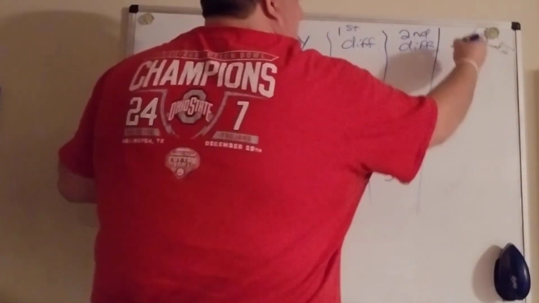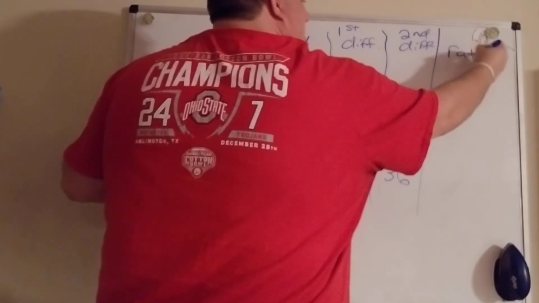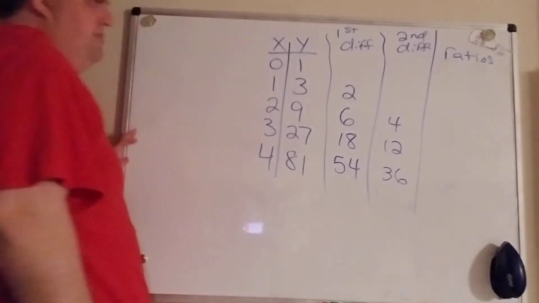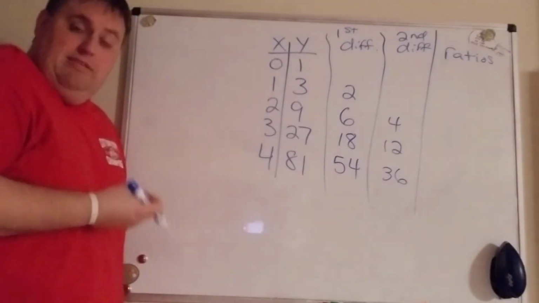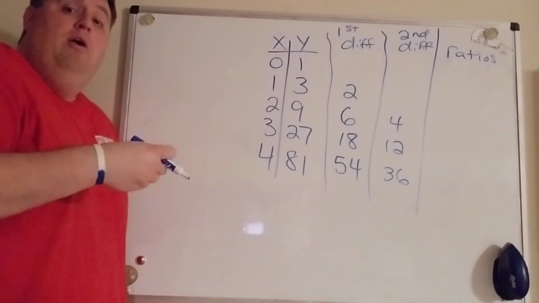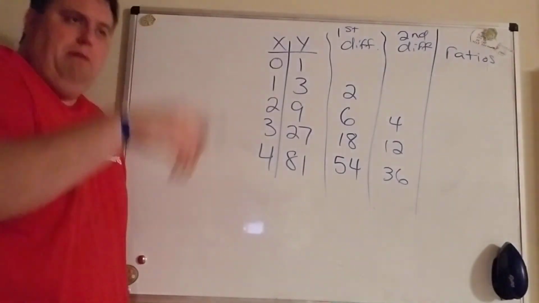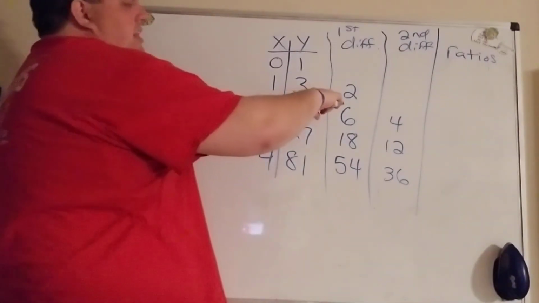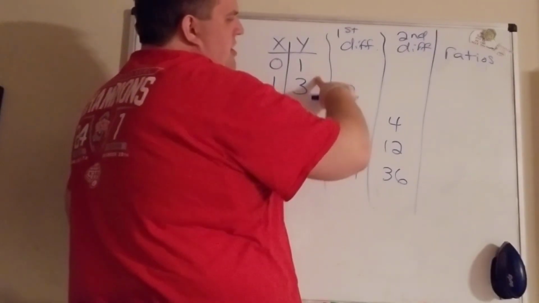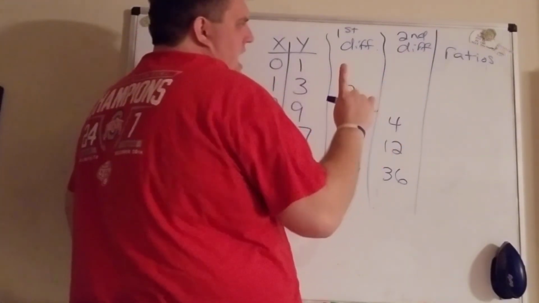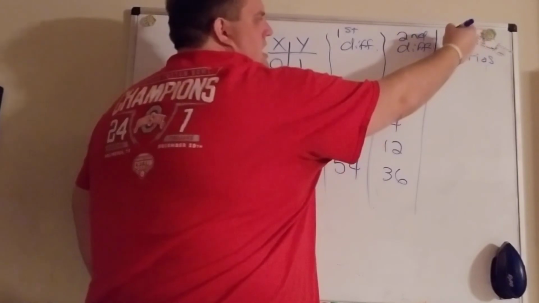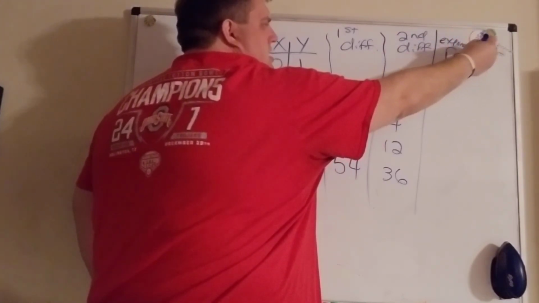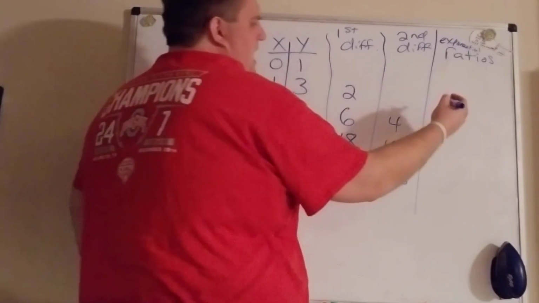We want to look at the ratios. The ratios of the y values. We're dividing if it's exponential. Remember we talked about how when it was exponential, we're multiplying by that number again and again and again. So if we take a look to figure out the table, if it's exponential, I'm going to just divide instead.